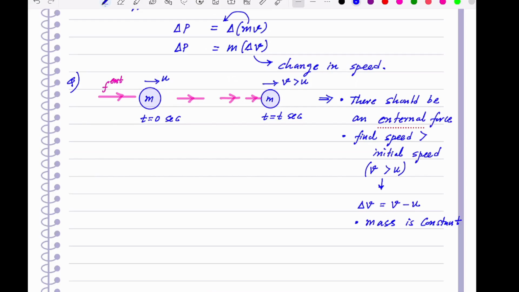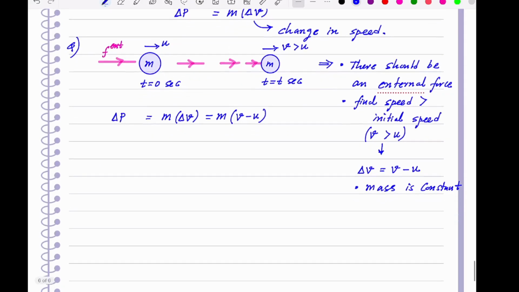So if mass is a constant and there is a speed difference delta v, that can be written as m times (v minus u), right? So this is nothing but delta p now. So we have to understand in this system there is a momentum difference.